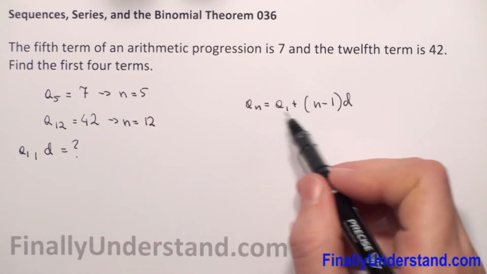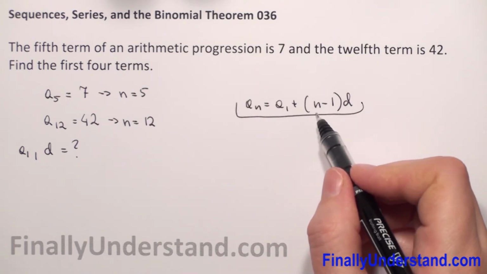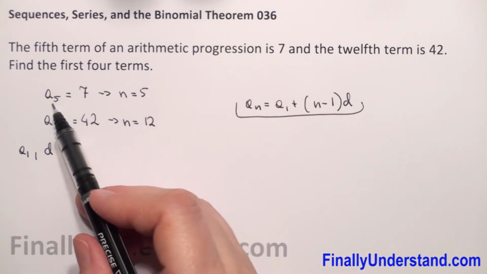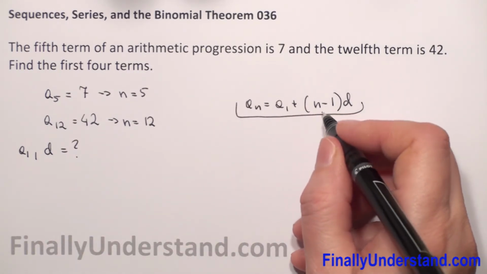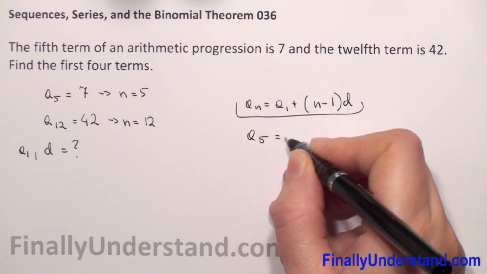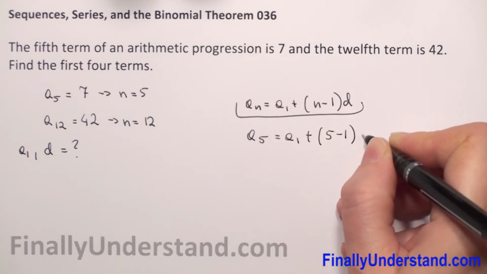Now we substitute n first by 5, with A5 being 7. So A5 is equal to A1 plus 5 minus 1 times d.